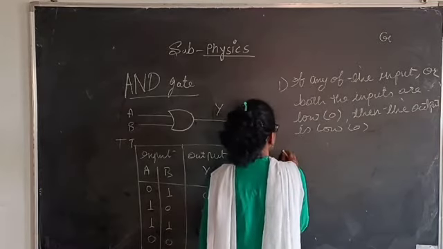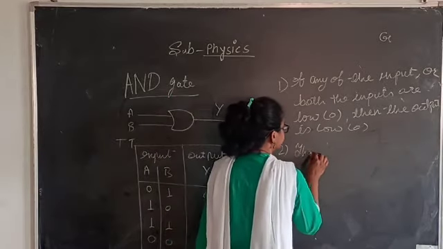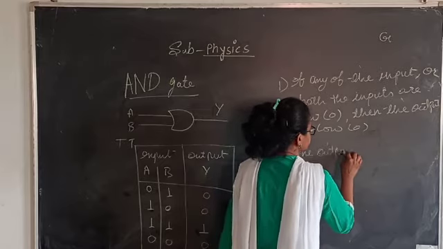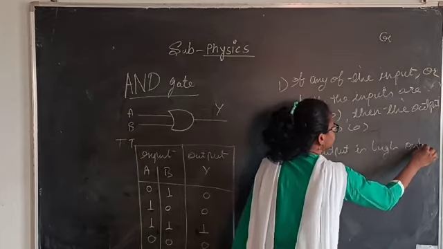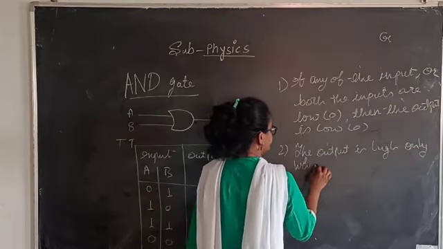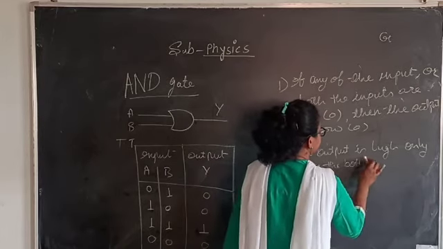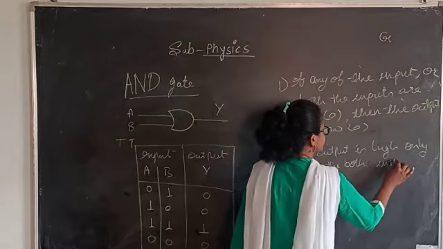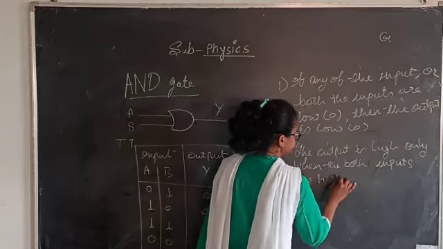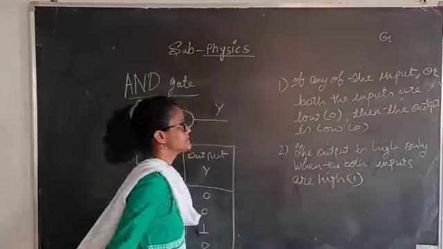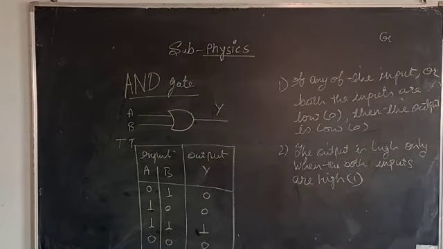Okay, and the second conclusion is the output is high only when both inputs are high, that is 1. So these are the two conclusions we drew from the AND gate.